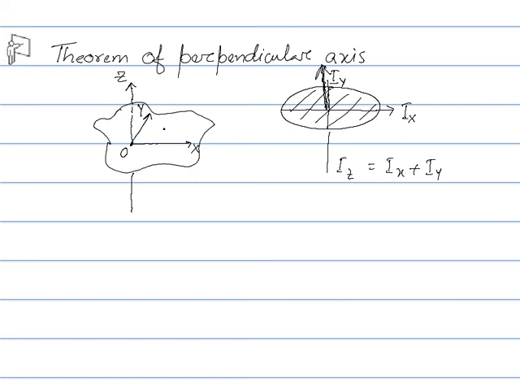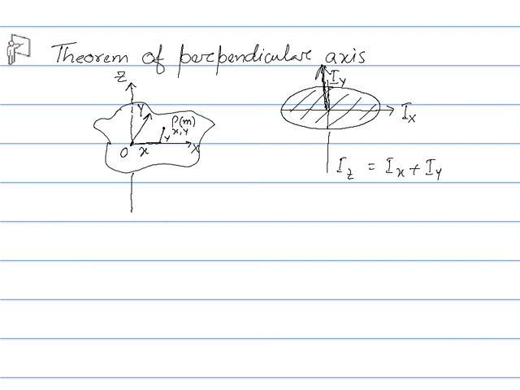Now let us consider a point mass P. Say M is the point mass, and say (x, y) is the coordinate of this point mass. (x, y) means this horizontal distance is x and this perpendicular distance is y. So this is x, this is y.